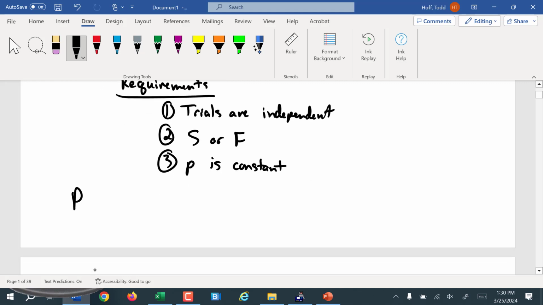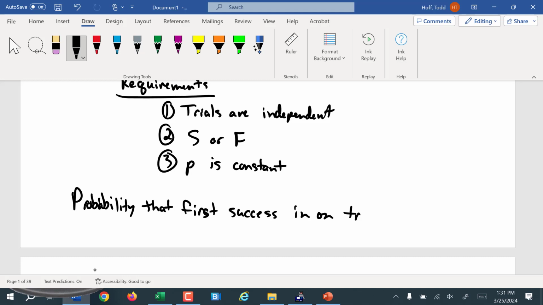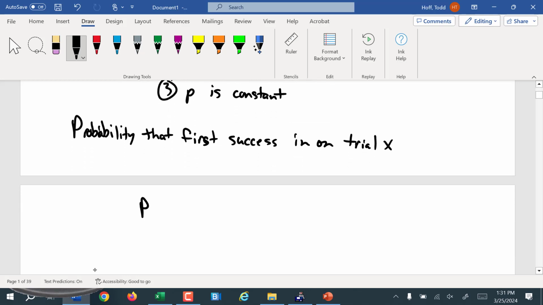So the probability that the first success is on trial X is found by using the formula. The probability of X is equal to 1 minus P to the power of X minus 1 times P.